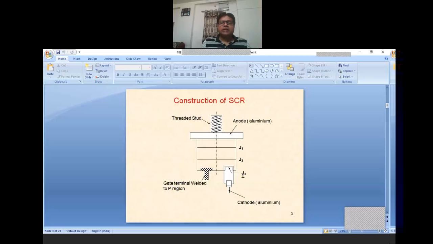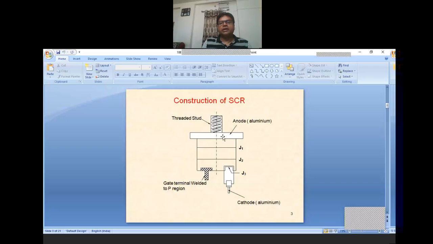In this slide, the MESA type of construction is shown, where the upper P layer or outer P layer is connected to anode.